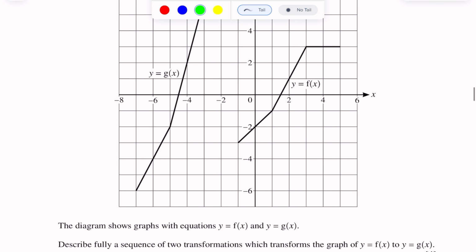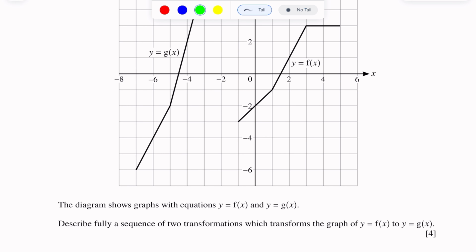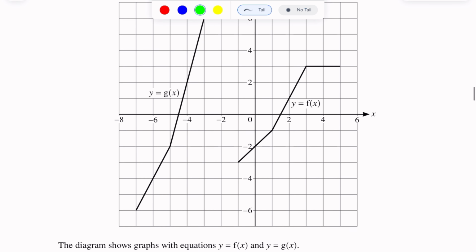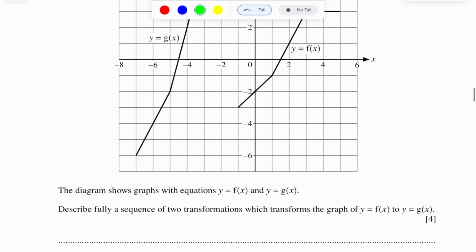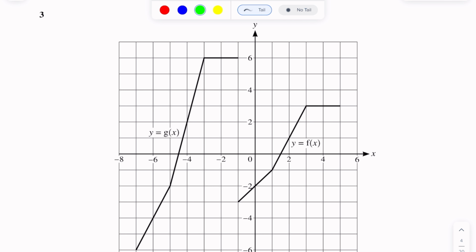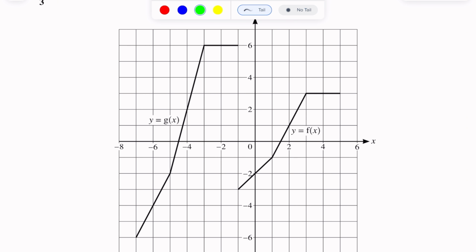So for this we have to describe the stretch factor. It is a stretch along y-axis, but now we have to describe the stretch factor. Suppose this line segment corresponds to this line segment.